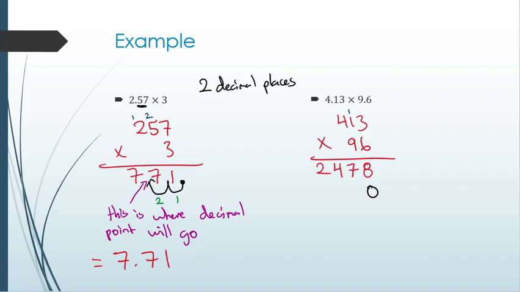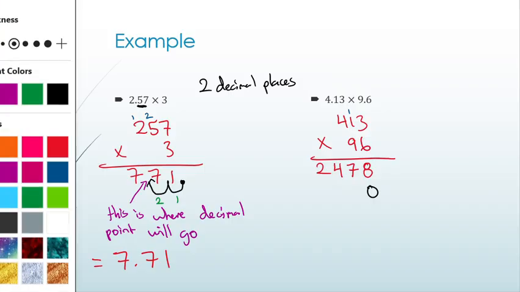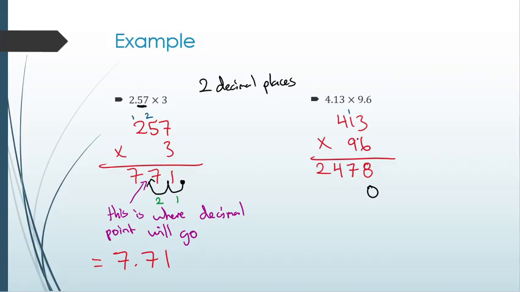So we now have 9 times, 3 times 9 I mean, which is 27. Put the 7 here, carry the 2. Now in this case, because we finished with this carried 1, we can technically get rid of it now and just replace it with the new one here.